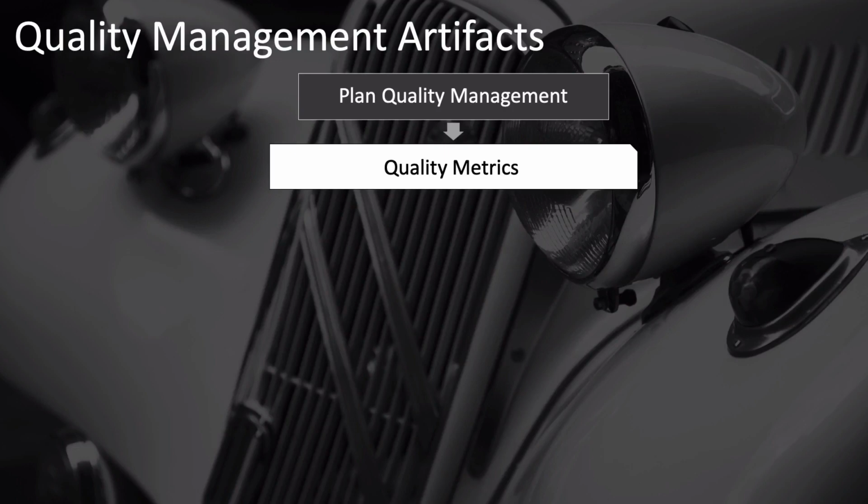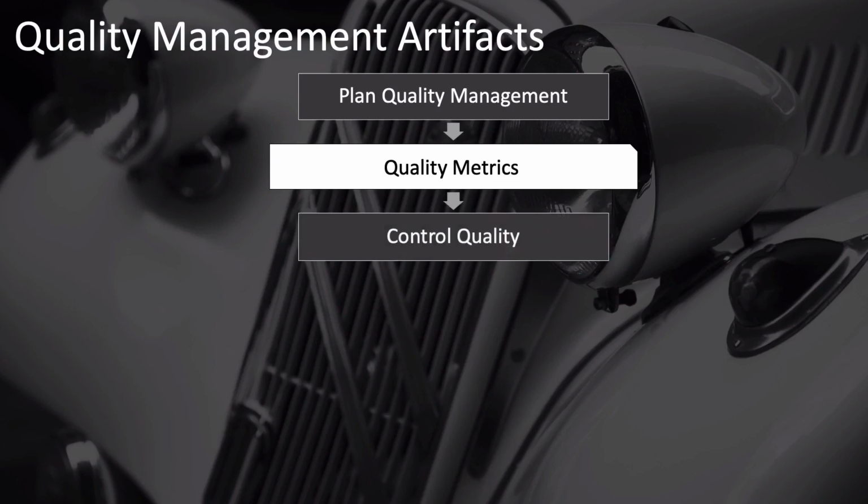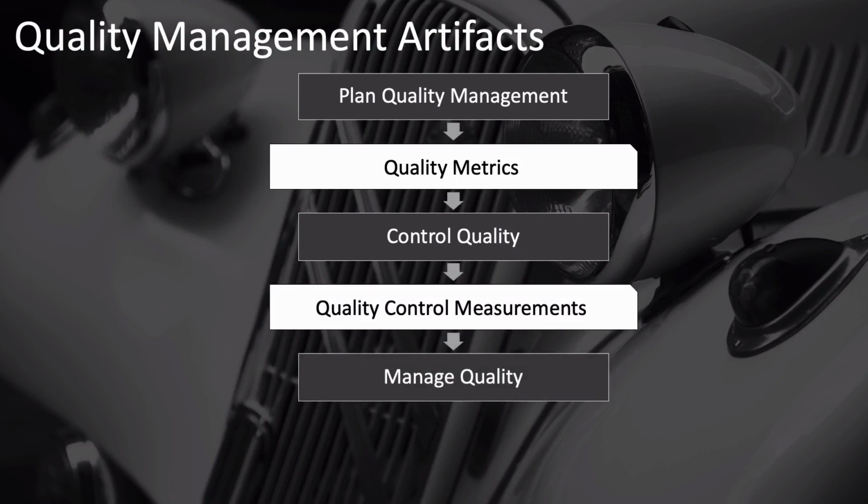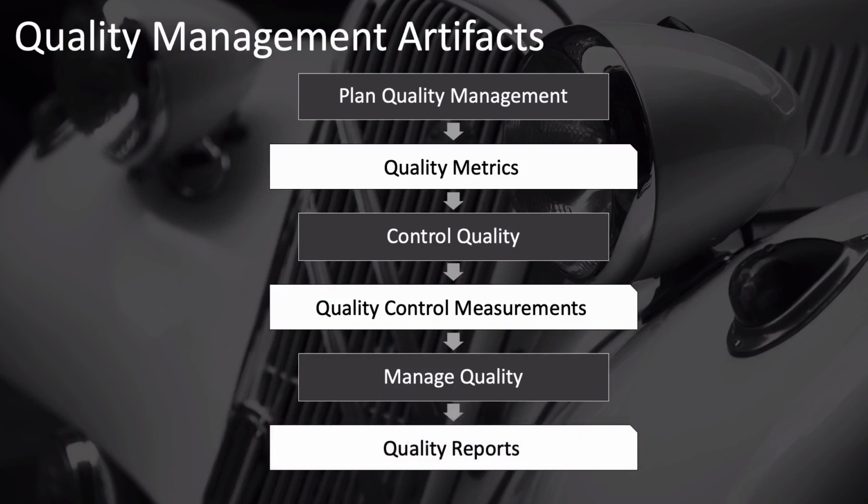Those metrics are used by the control quality process, which measures using those metrics and outputs the quality control measurements. These measurements are then used by the manage quality process, and the output of manage quality is quality reports.